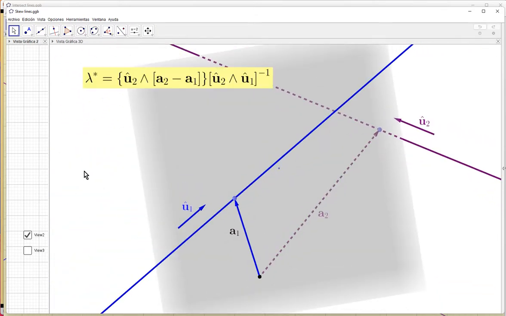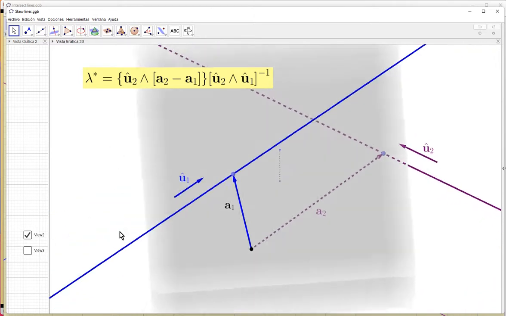Now let's look at the solution that we came up with for the lines that intersect. Lambda star is a scalar. But what happens in this case? Well, let's look in three dimensions here.